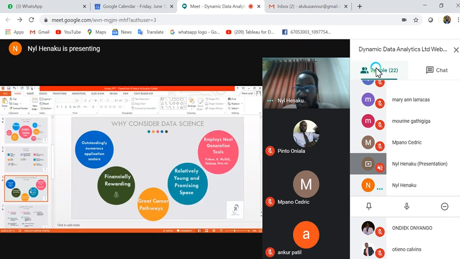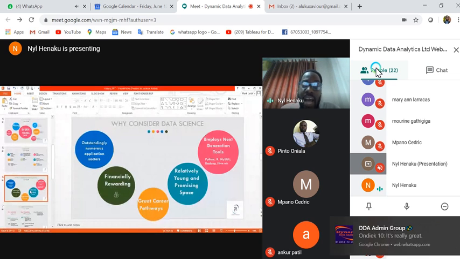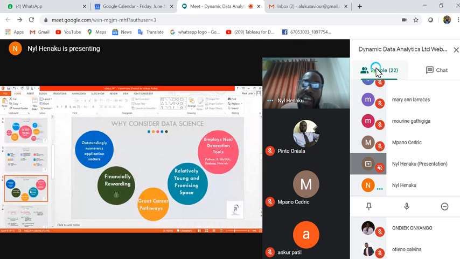So we really don't see the value of it. Our industries don't see the value of it. So employers who employ a data analyst would not value his services like they're supposed to.